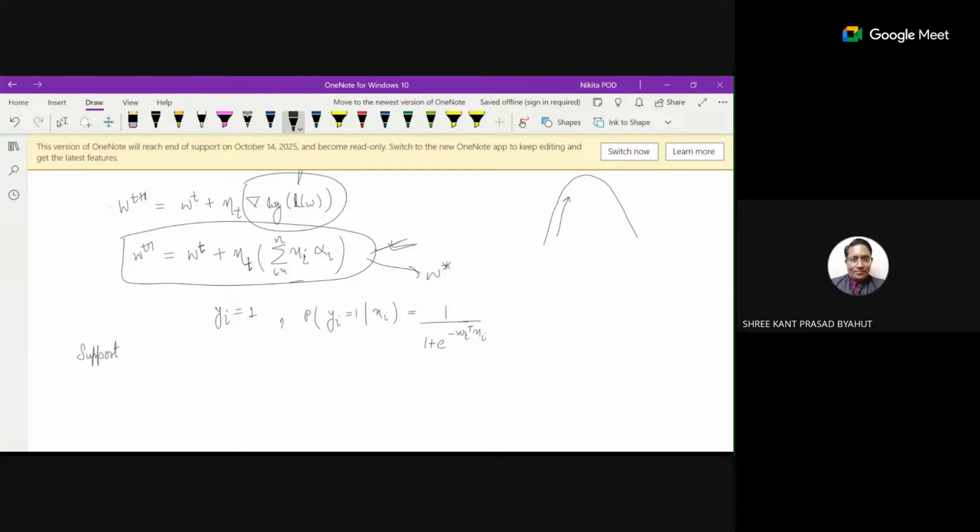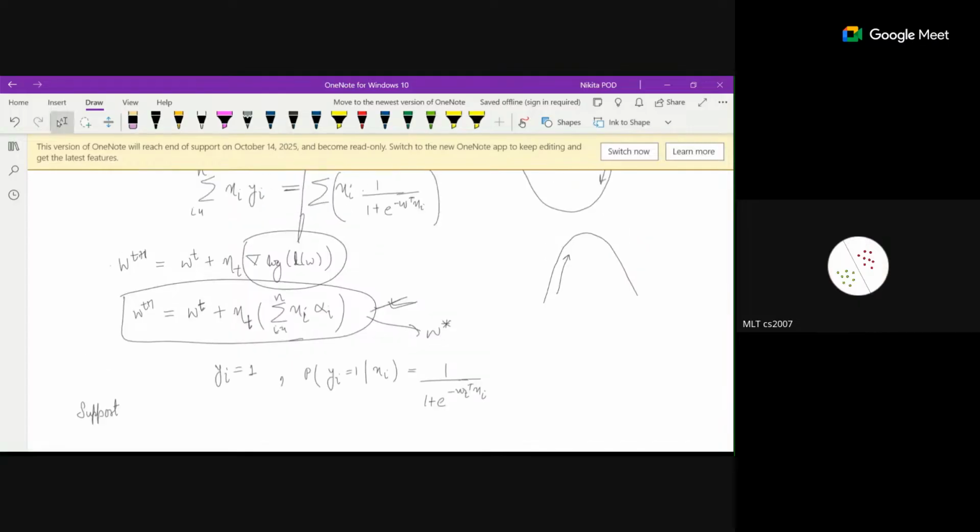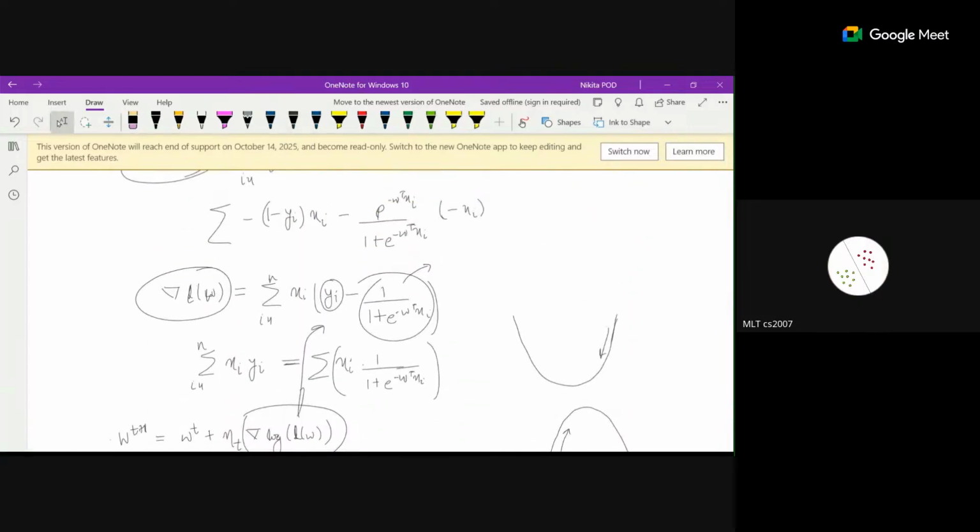This is a probability, so it is going to be greater than or equal to 0, and less than or equal to 1.